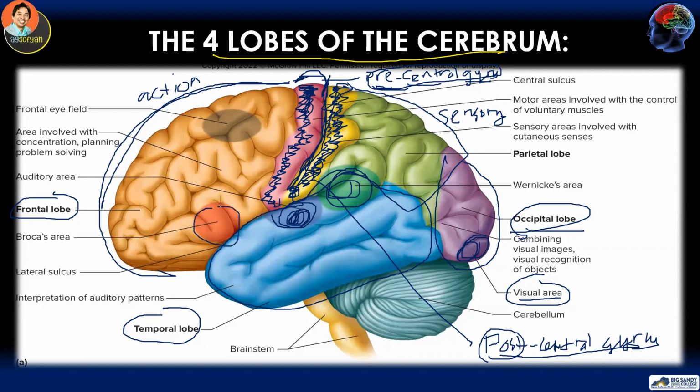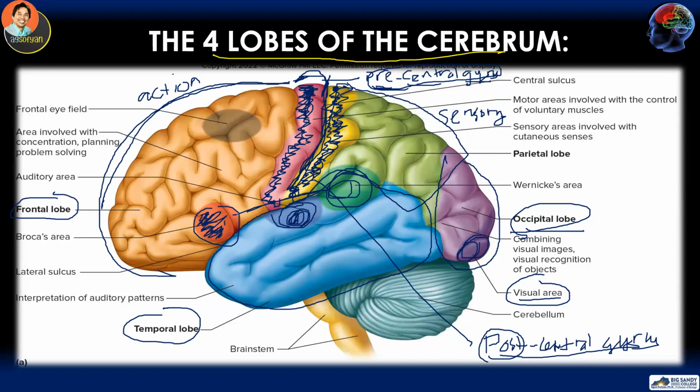It is also connected to the front area over here, which is called the Broca area. Remember, the front area is for action, so Broca area is actually action for speech. So when you are speaking or talking, it is actually ordered by this Broca area.